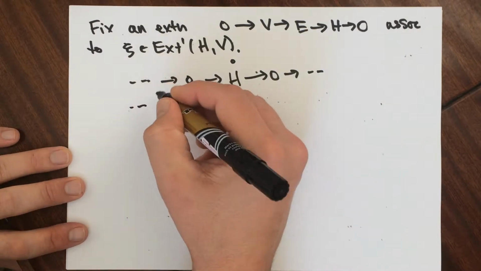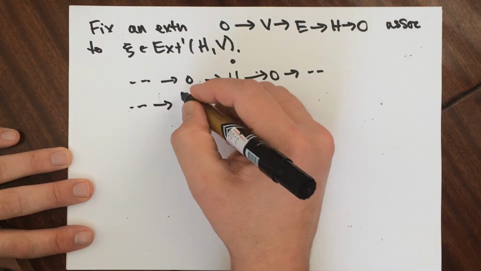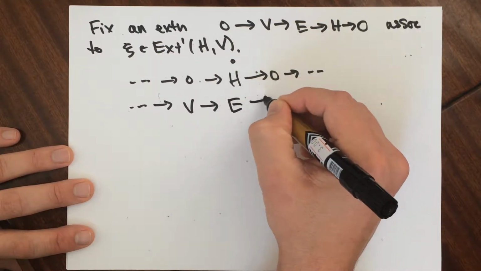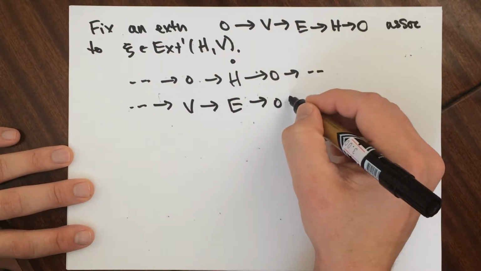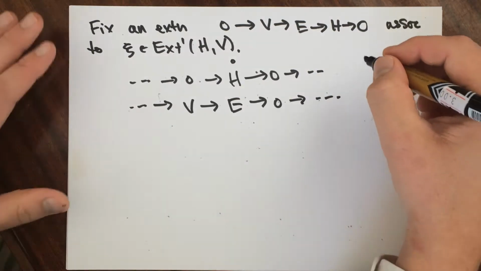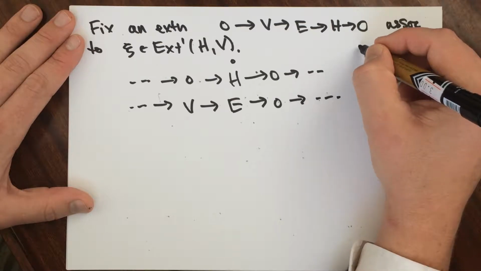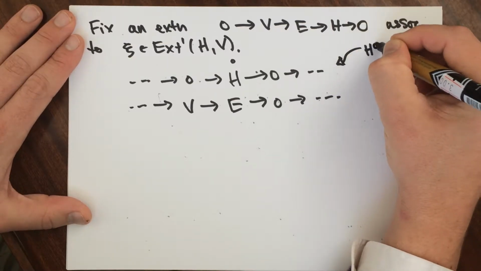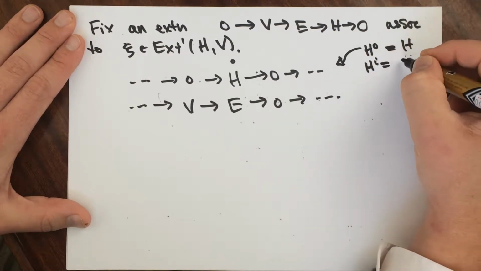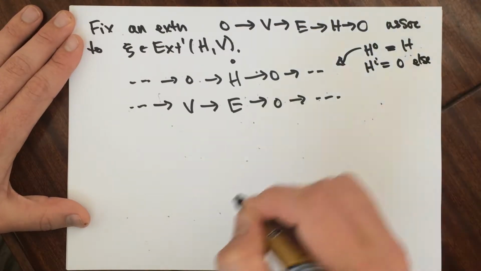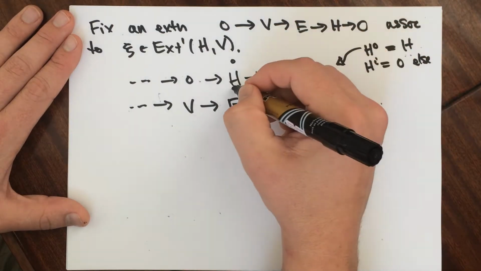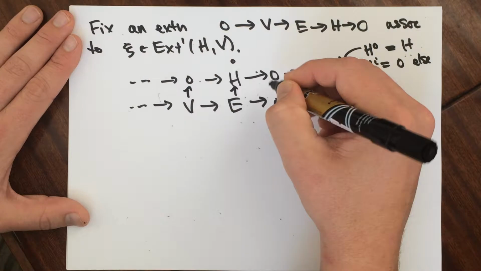The other complex is going to be here, where we take this V and stick it into E, and here we're going to write 0. So we forget that last part here. For this complex, let's remember that H^0 is equal to H, and H^i is equal to 0 otherwise. Also note that this map here induces a nice map here, and we have this 0 map here.